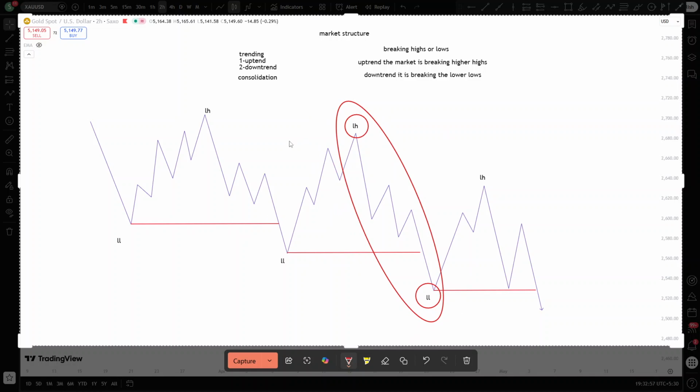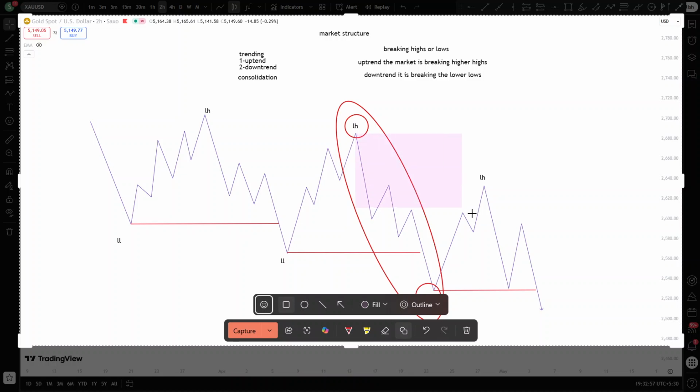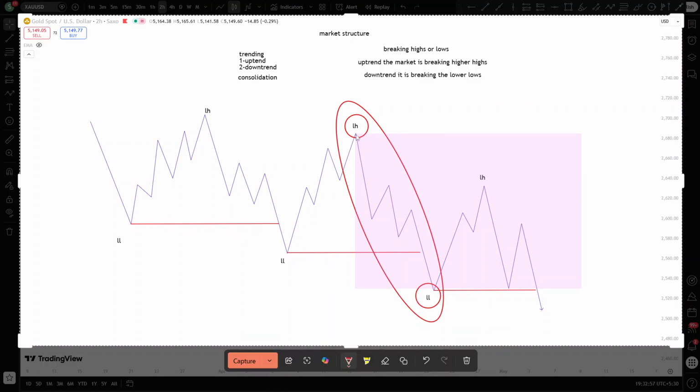Whatever is going to be happening in between this range, for as long as it does not break this lower high and this lower low, whatever the market will be doing here is going to be considered as internal structure.